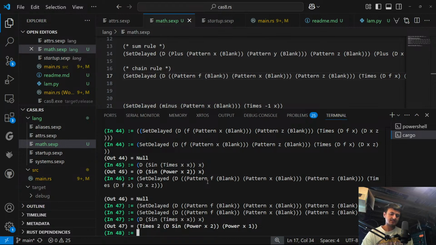All right, so the derivative of, we have f of x is equal to sine, wait. The whole expression is sine of x squared.